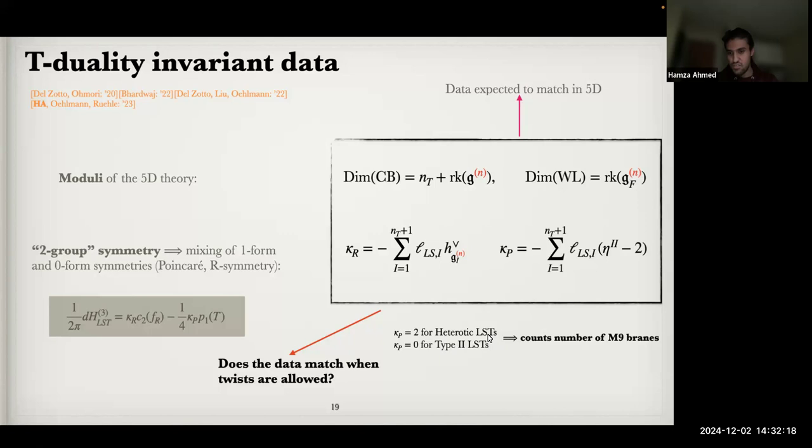The interpretation given to these values in the paper by Del Zotto and Omori was that these count the number of M9 branes, which on a sample size of 2 makes sense. But then the question arises, can there be LSTs with kappa p equals 1, a single M9 brane? Hopefully by the end of this talk, I will convince you that these theories do exist, and in particular, these are a type of twisted LST.